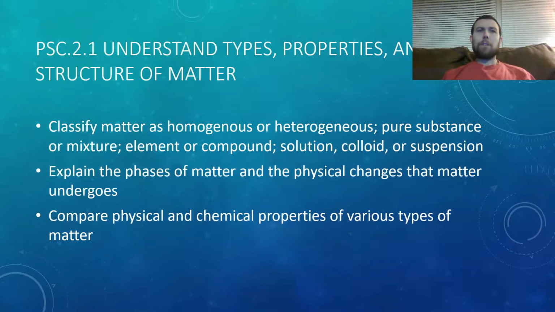Now, the first thing that you'll notice here is the North Carolina standard that we're going to be covering with this particular topic. It's 2.1, which is understanding types, properties, and structure of matter. Now, as we're going through this particular unit, these are the skills that you guys should acquire as we go through this particular unit.